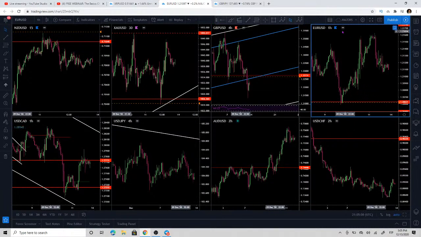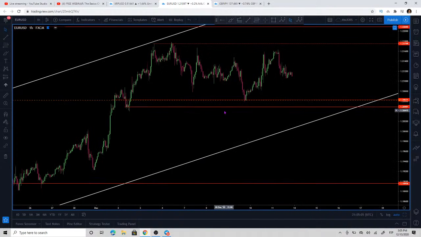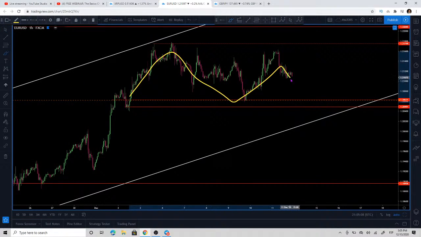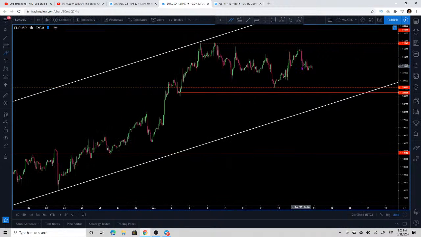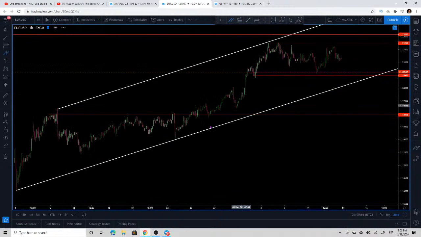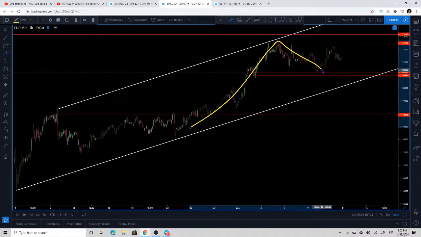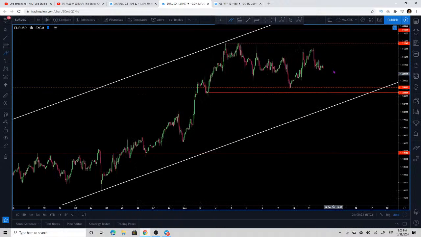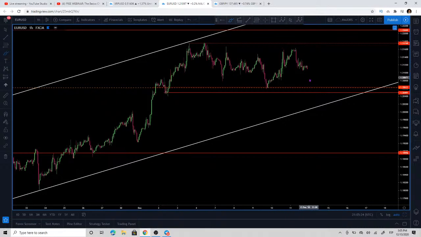The euro versus the USD is bullish, but again, let's have a look at this. Same thing as the Kiwi dollar. I'm looking to buy into this very strong uptrend on the euro.